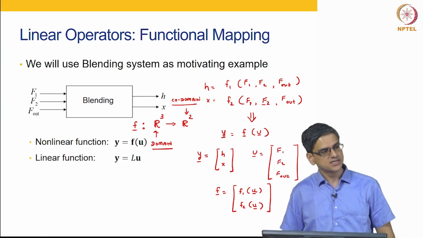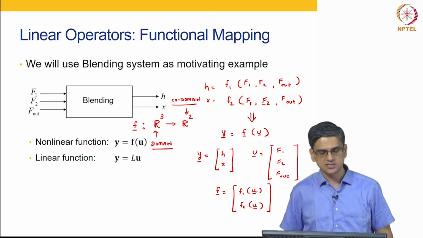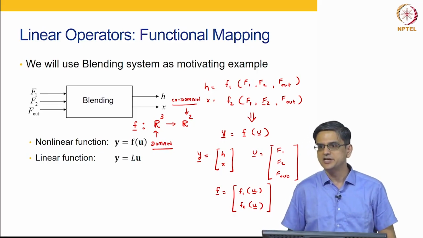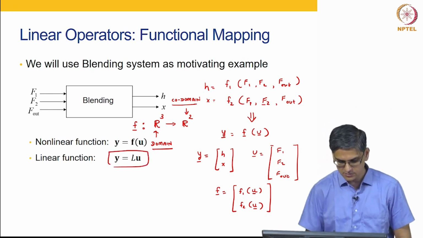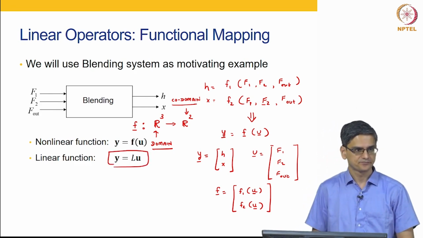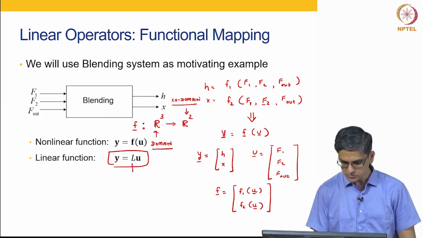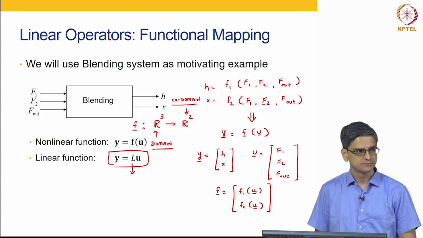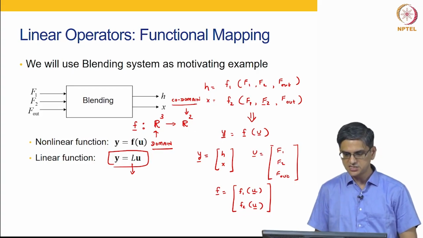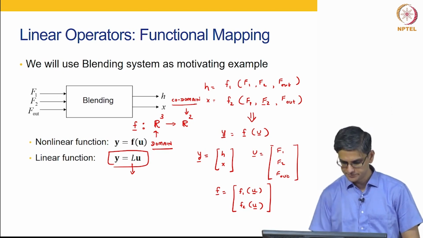If the mapping is nonlinear, it is represented as some kind of a function. If the mapping is linear, we can represent it as a matrix multiplication. What is the size of this L matrix? If H and X are output, F1, F2, F out are input, 2 cross 3.